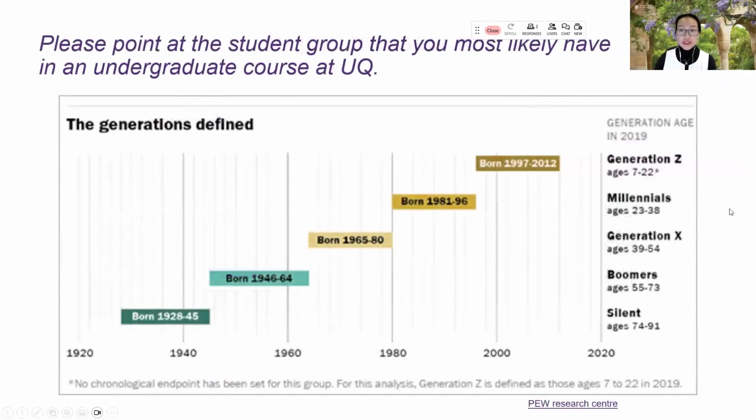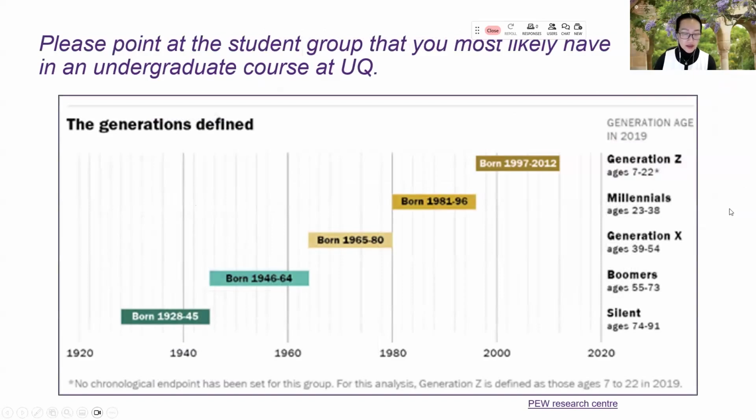Okay, the first question that I have here is a hotspot question. It is from a reading that I've read about the different generations. The question is, can you please point out the student group that you most likely have in an undergraduate course at UQ? You can enlarge the image on your device so that you can see the picture clearer.